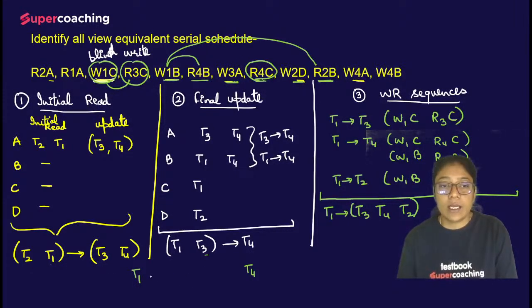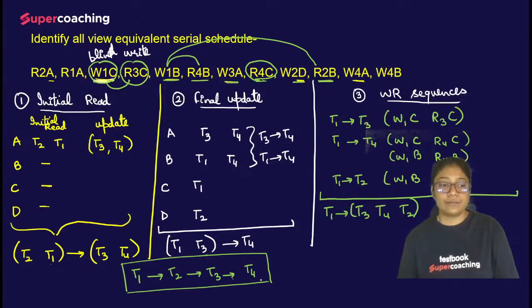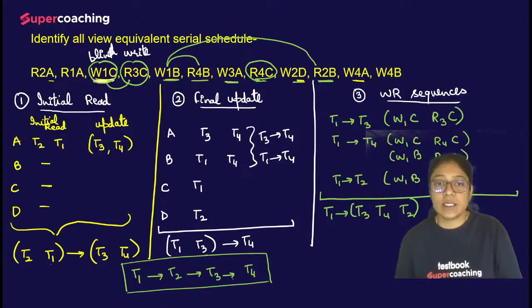So here we get T1, T2, T3 and T4. Is this clear? So you can see all the conditions are satisfied here.